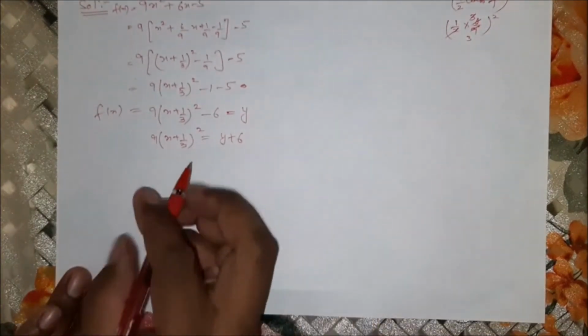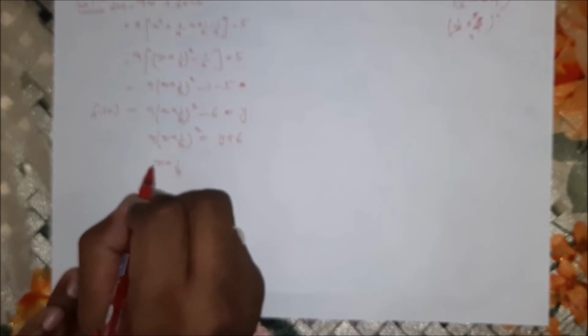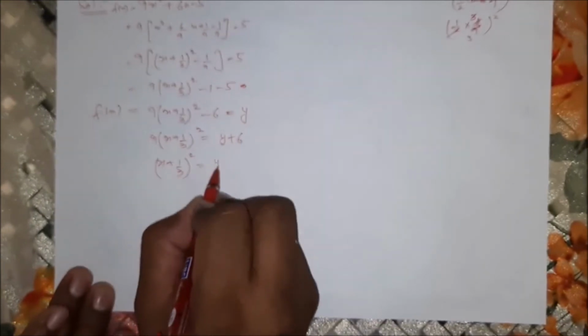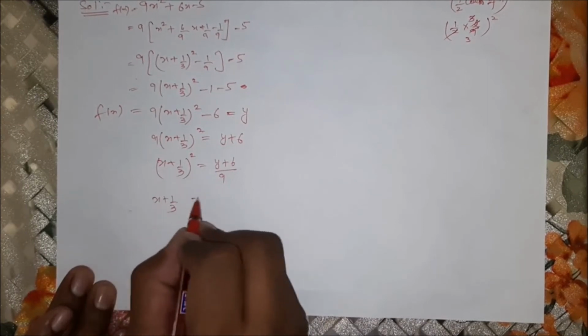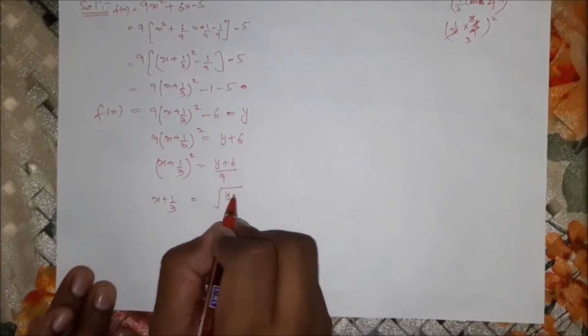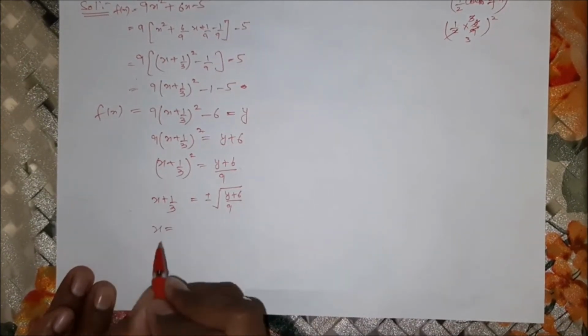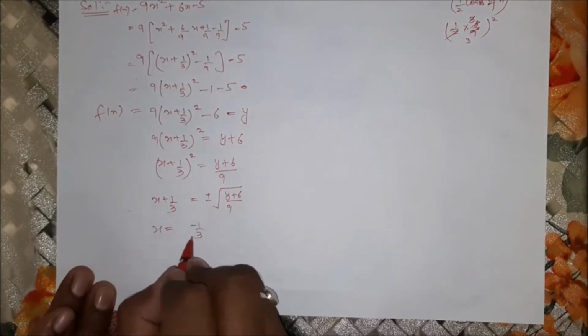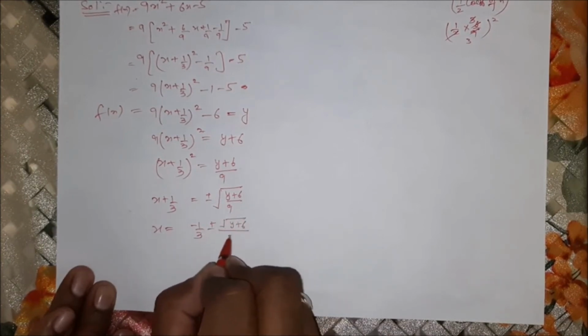If you shift this 9, you will get (x plus 1 by 3) whole square is equal to (y plus 6) by 9. x plus 1 by 3 is nothing but root of (y plus 6) by 9 with plus minus sign, or we can say x is equal to minus 1 by 3 plus minus root (y plus 6) by 3.